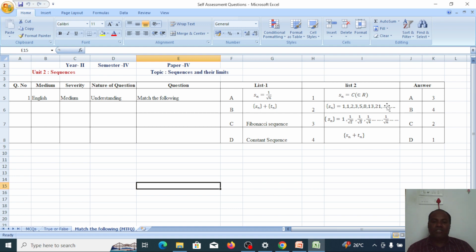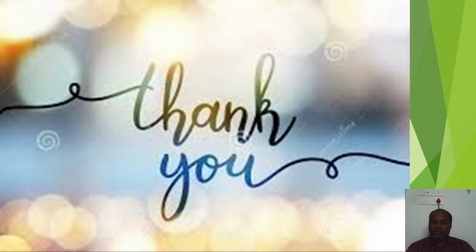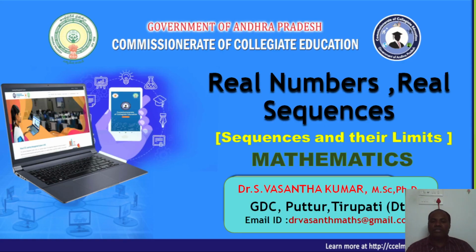Like that, this is the matching of the questions. Like that, I am giving very useful information to you. Therefore, it will be useful for second year students, real numbers and real sequences. Okay, thank you very much.